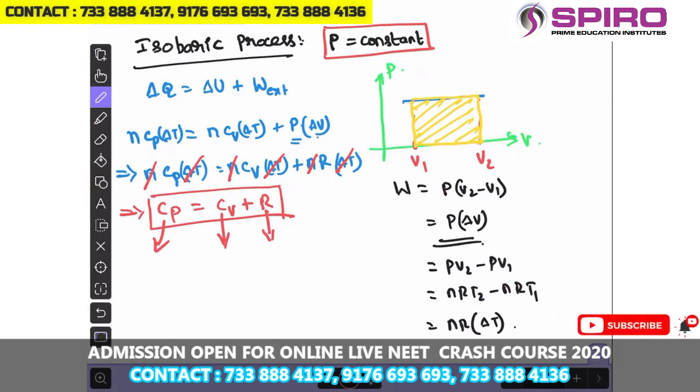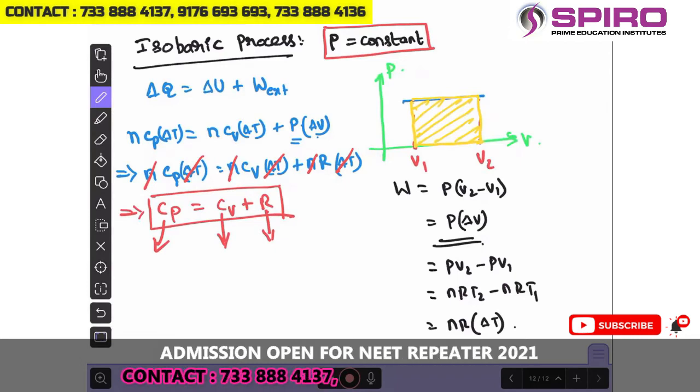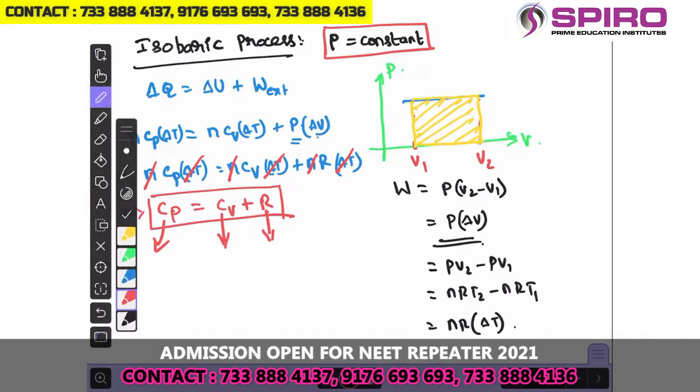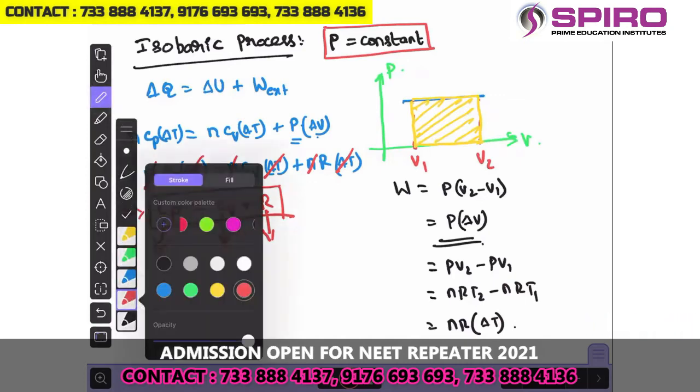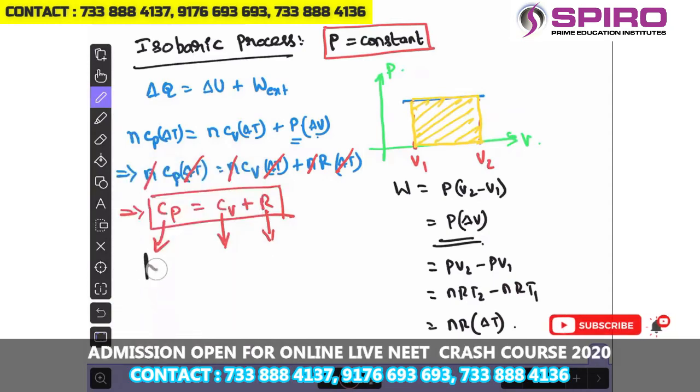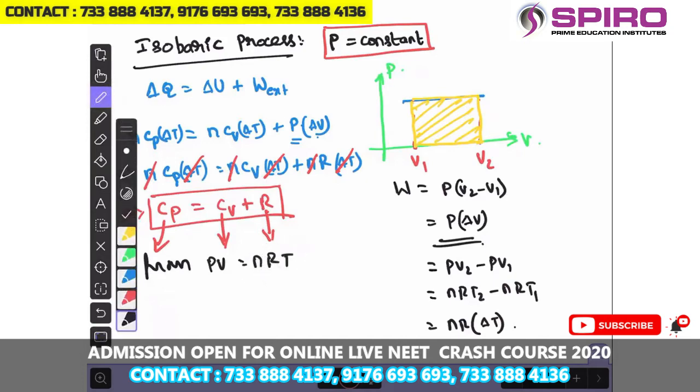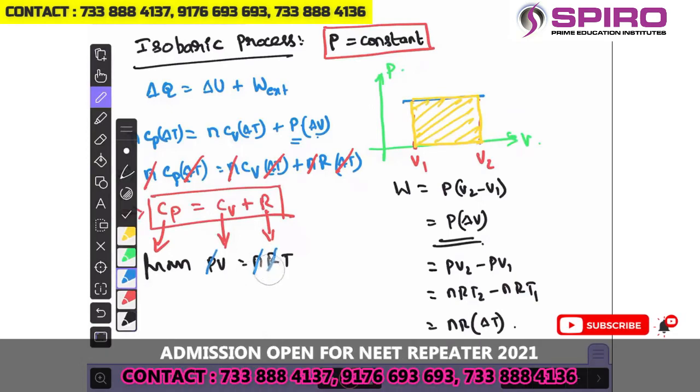In the case of the isobaric process, pressure is constant. If you take the graph between volume and temperature, from the ideal gas equation PV equal to nRT, here the pressure is constant, n is a constant, R is a constant. So what is remaining now?